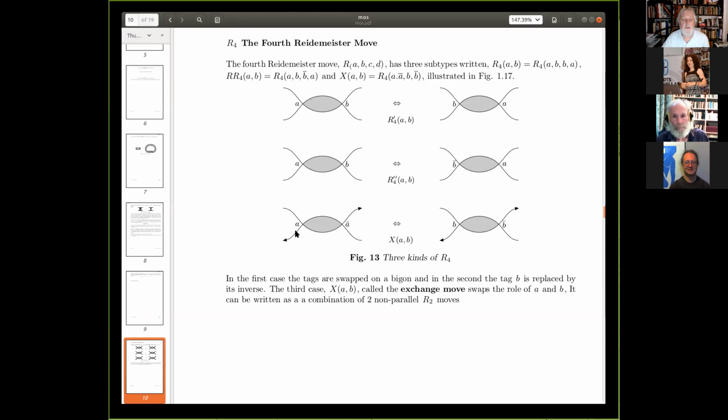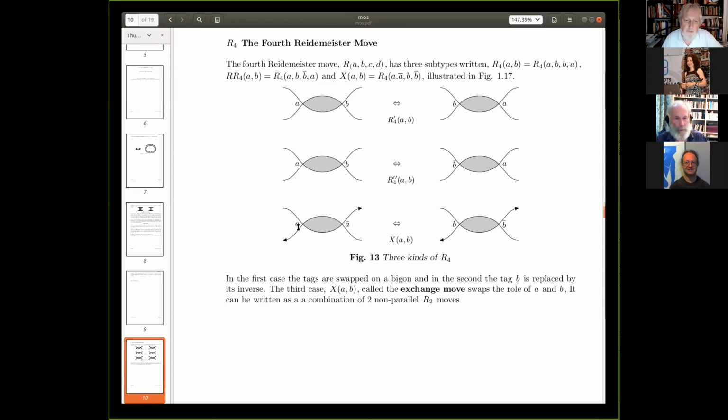And then there's this one, which is an exchange move. So we've oriented it in opposite directions here, and we've got an A and an A bar, and then we throw away the A and the A bar and replace it by a B and a B bar. And if you think about it, you can always do this because this is ready to do a non-parallel R2 move.